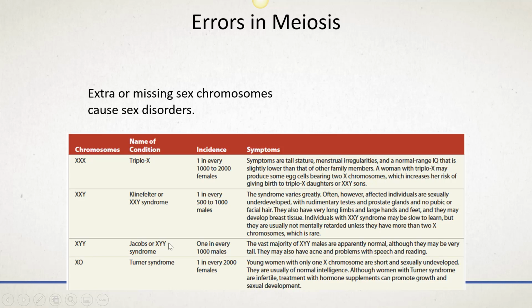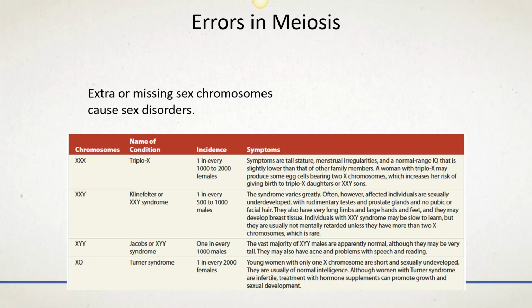XYY is Jacobs or XYY syndrome. XO is Turner syndrome. There's other types of trisomies that live, like trisomy 13 is Patau syndrome, trisomy 18 is Edwards syndrome.